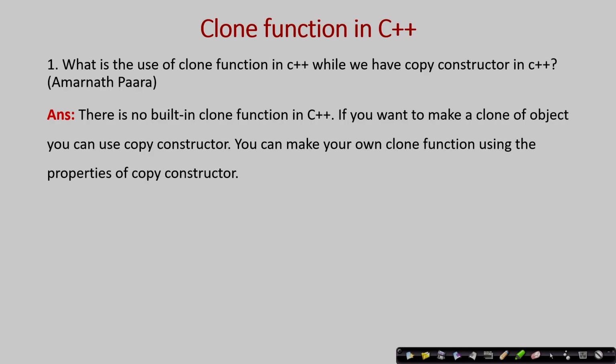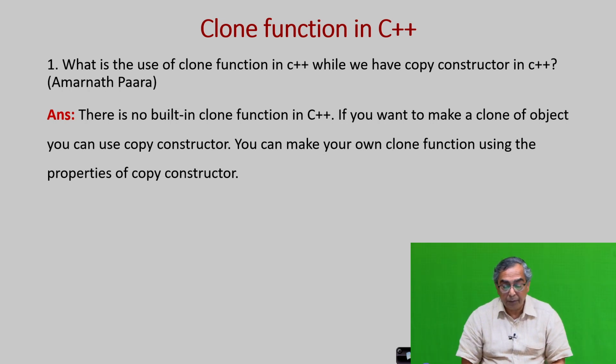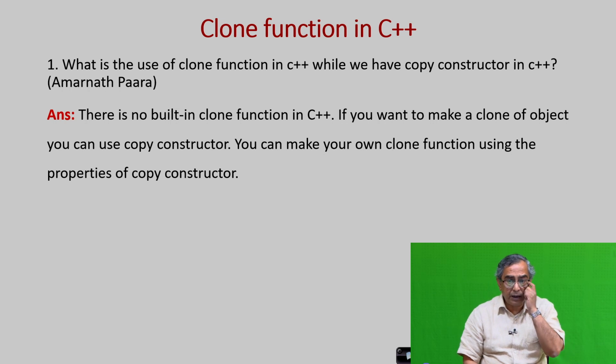Let us look at the first question, which is from Amarnath Para. What is the use of clone function in C++ while we have copy constructor in C++? As such, there is no separate dedicated clone function, there is no clone method as such. Copy constructor has a specific purpose.